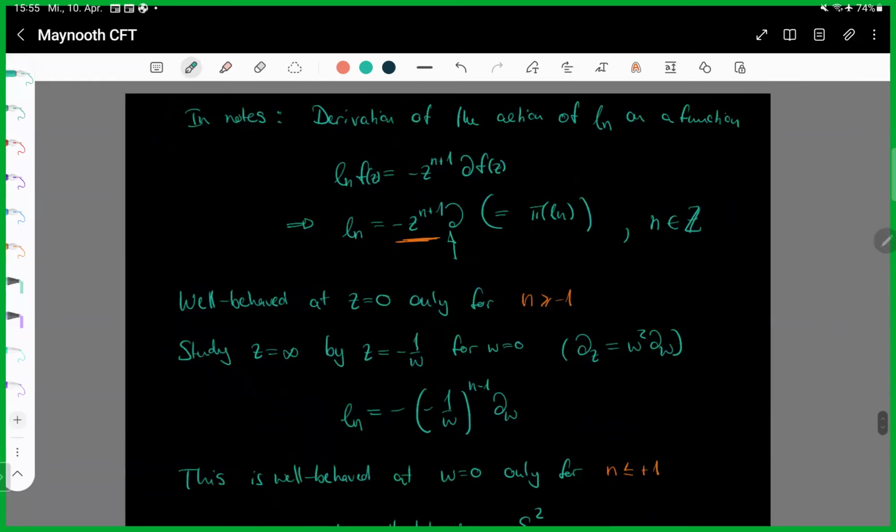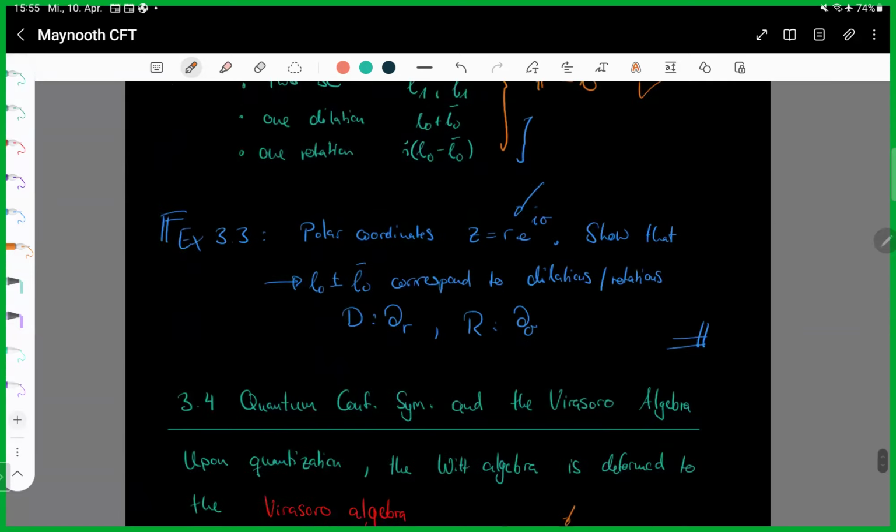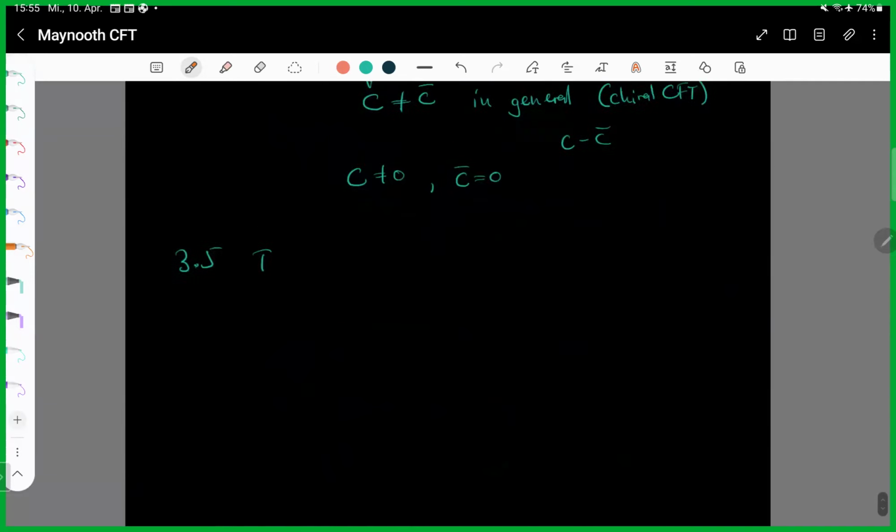You see that here you have these differential operators. So this is a differential operator, and that's what the Virasoro operators are going to look like too. They're going to have a bit more information, but they're going to look like that essentially. Okay, thank you.